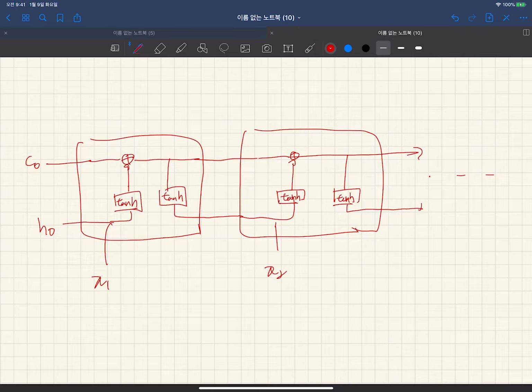So when every gate output is equal to 1, the LSTM architecture essentially becomes this.